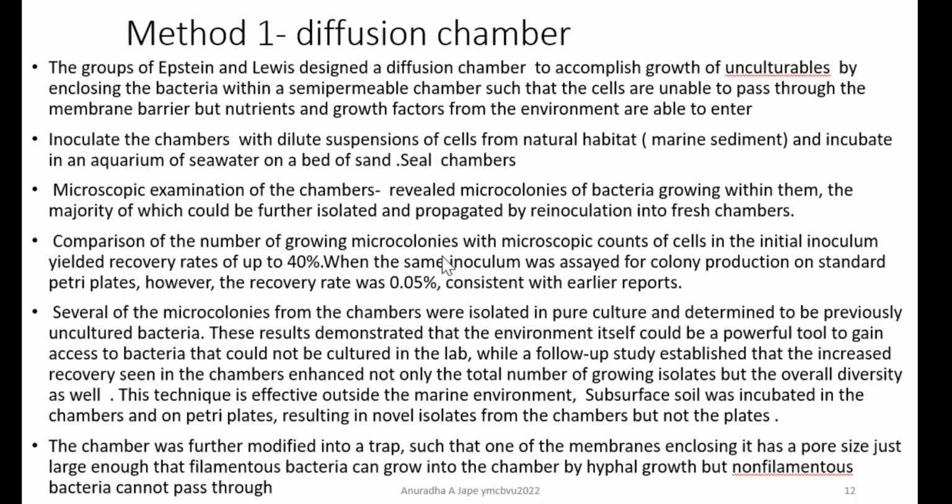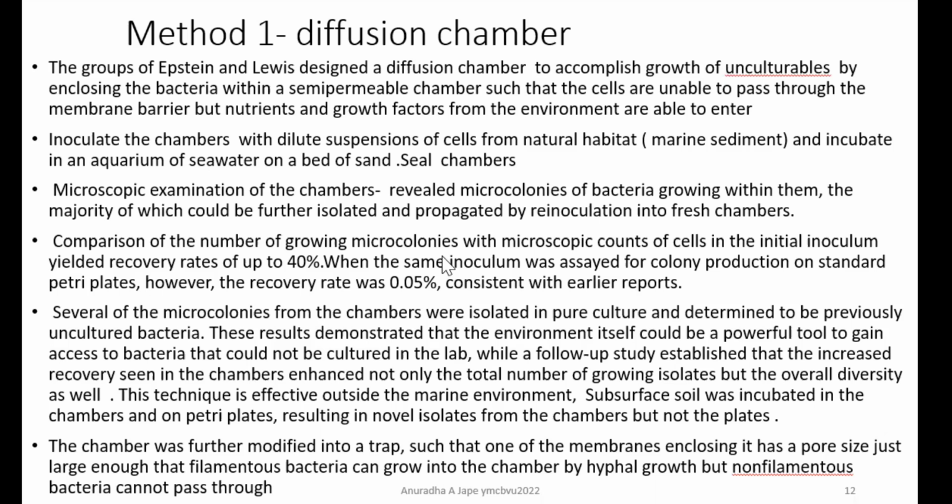Is the same success expected? Yes, you expect the same colony, if it is growing in the diffusion chamber, should also grow in the petri plate. But that is not always the scenario. Maybe you see it in the diffusion chamber, but it may not appear when you attempt to purify it in the petri plate. Why, and how to get rid of these problems, we will talk about.